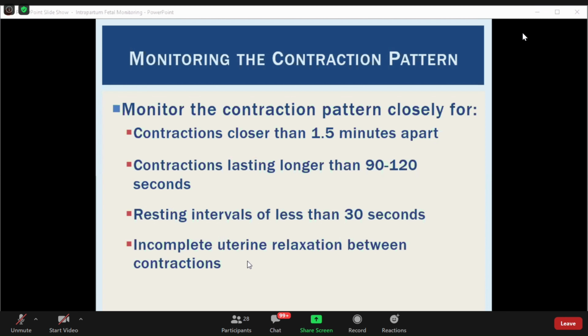So even if you have an adequate resting interval, if the muscle is still somewhat contracted, the uteroplacental unit will not reperfuse. So you need the muscle to relax with enough time for the reperfusion to occur.